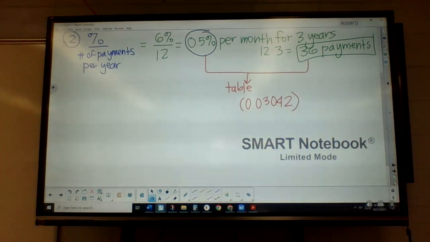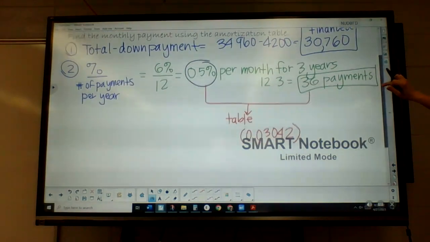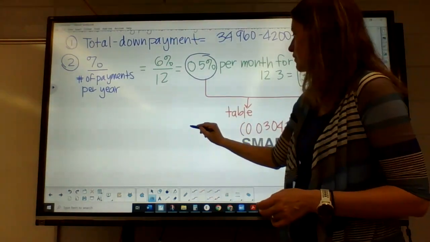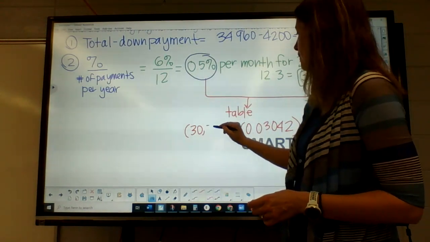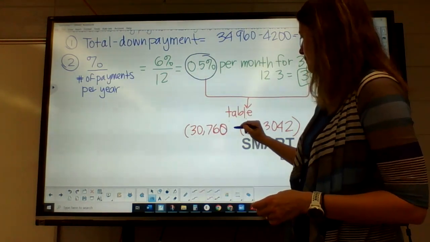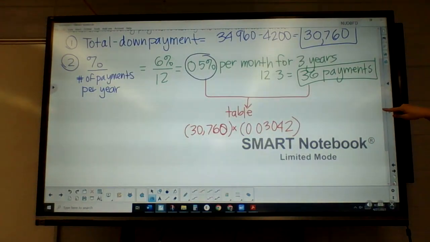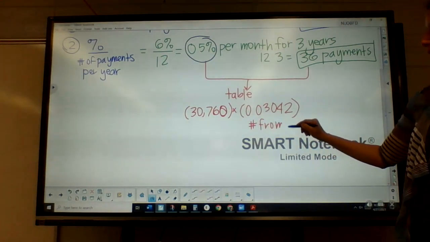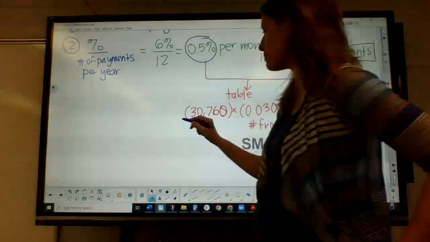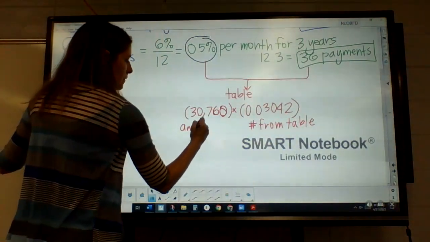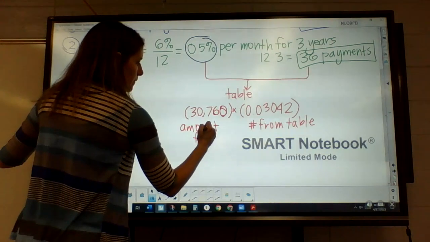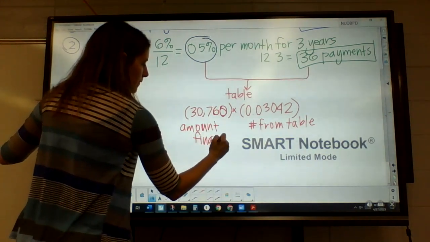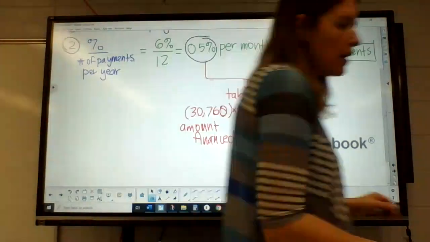That number is going to be used, and we're going to multiply that by the amount being financed, so by the 30,000. So we're taking the number from the table and multiplying it by the amount being financed. This will tell us our monthly payments.